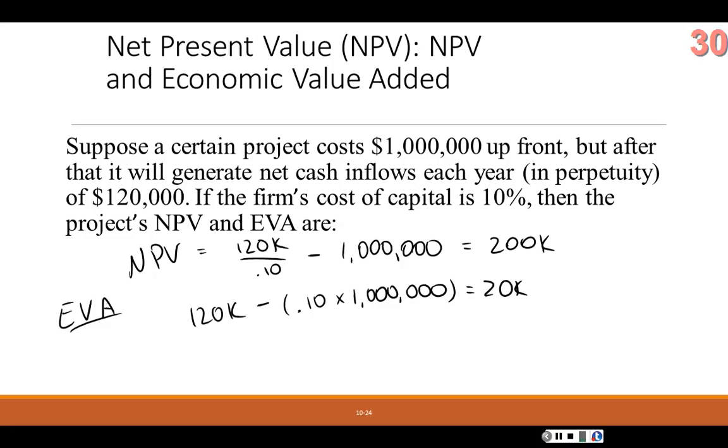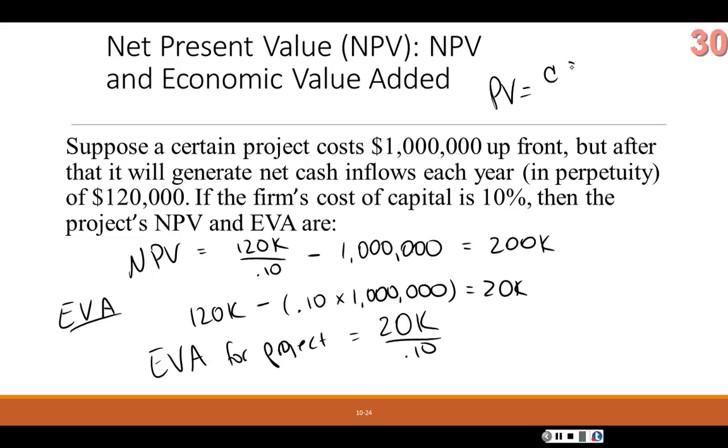So it's going to be per year forever, so we can calculate the present value of these cash flows. So the economic value added for the project's entire life would be $20,000 divided by the discount rate, because again, this is a perpetuity, and the present value of a perpetuity is equal to its cash flow divided by its interest rate. So $200,000. So you get the same answer either way. But the economic value added tells you that this project earns more than its cost of capital each year, so it's worthy of pursuing.